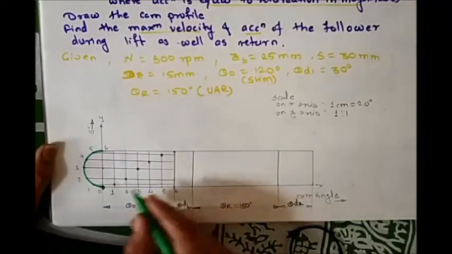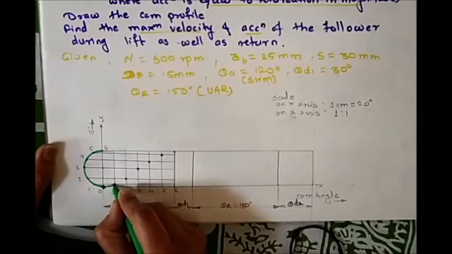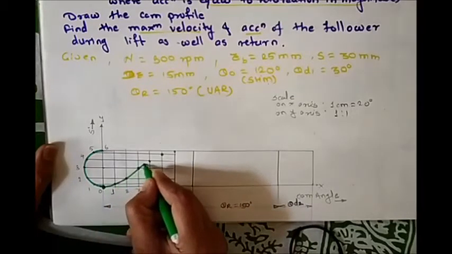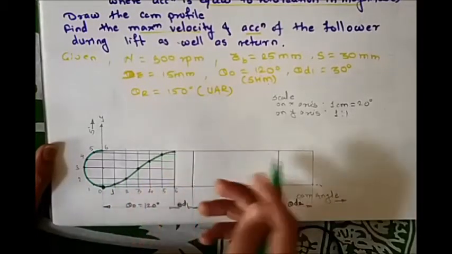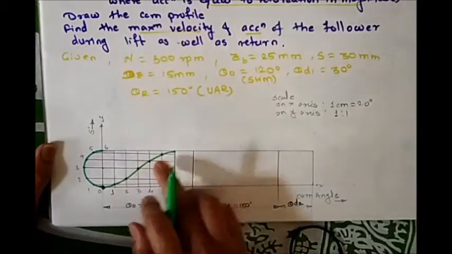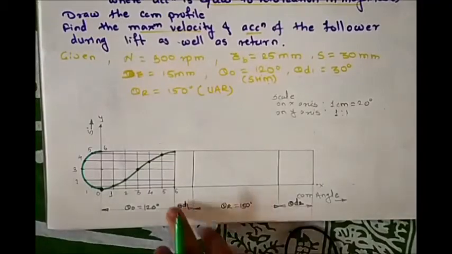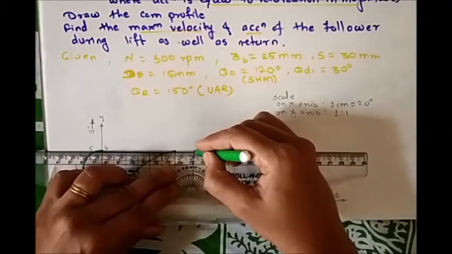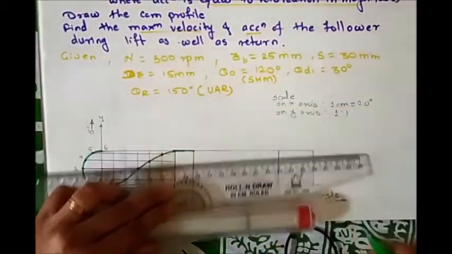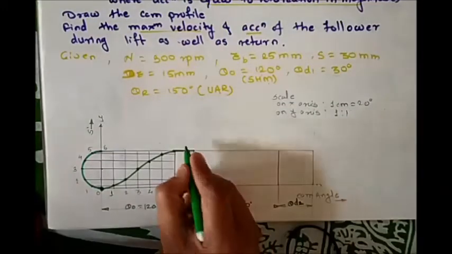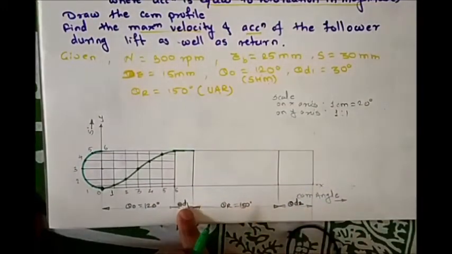Now we have the intersection points. Now just draw a smooth curve through these intersection points. This is your displacement diagram with simple harmonic motion during the outstroke. Now for the dwell period, the follower maintains the same position. So here we have the horizontal line for the dwell period.